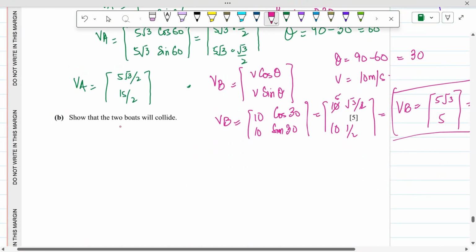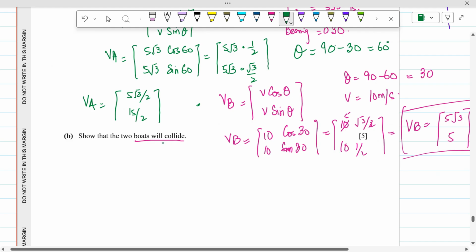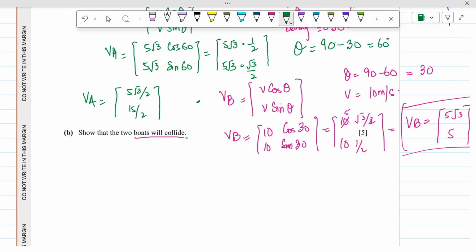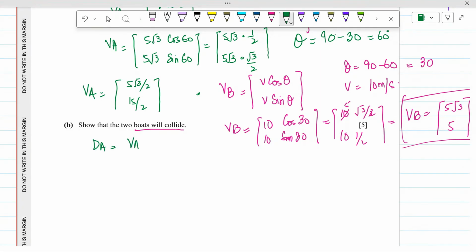Part B, show that both boats will collide. If both boats will collide, it means they will have equal displacement at some point, so that they will hit together at that point. So we can say that the displacement of A is equal to the velocity of A times t. This is the relationship between velocity and displacement.